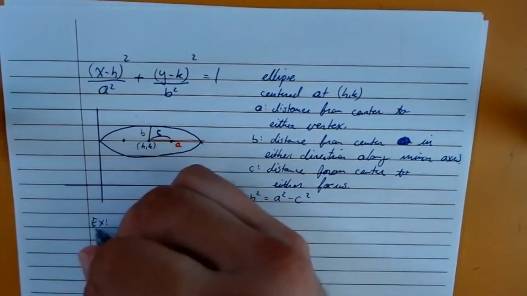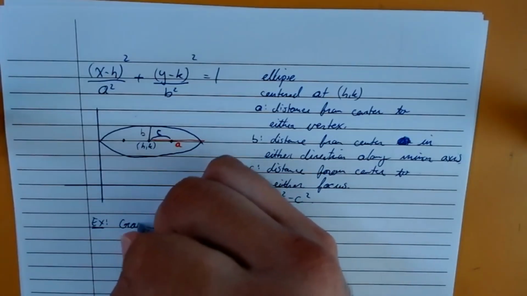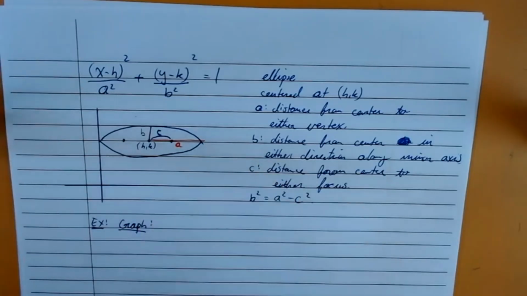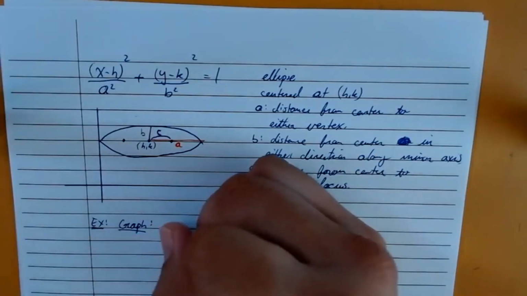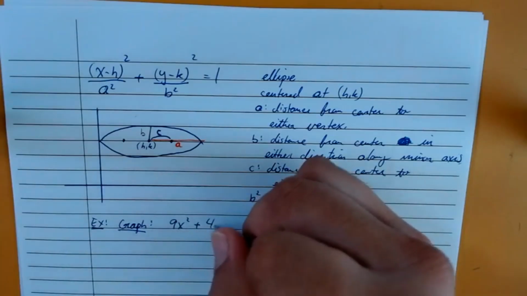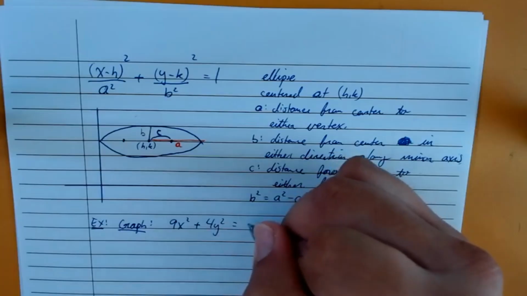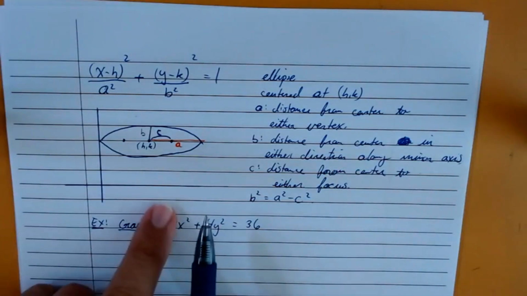The first one is, let's go ahead and graph the following equation. Let's go with 9x squared plus 4y squared is equal to 36. Now, notice this almost looks like the equation of a circle, right?